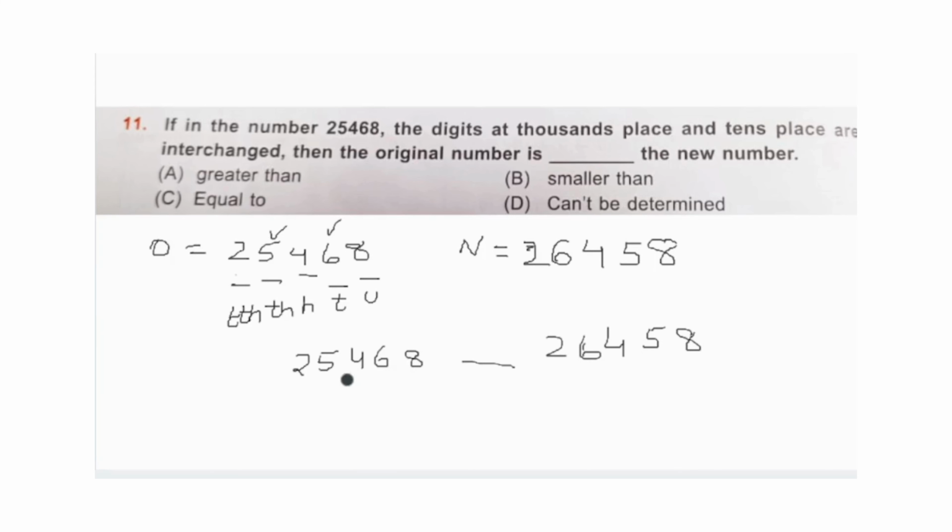If you see, the original number is smaller than the new number. So our option B is correct, which is smaller than.